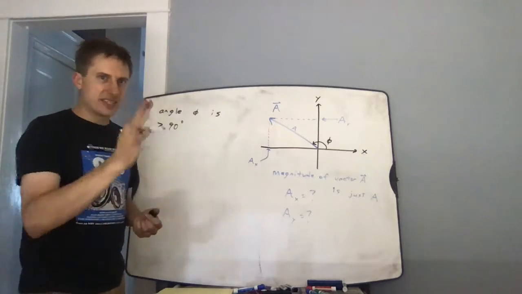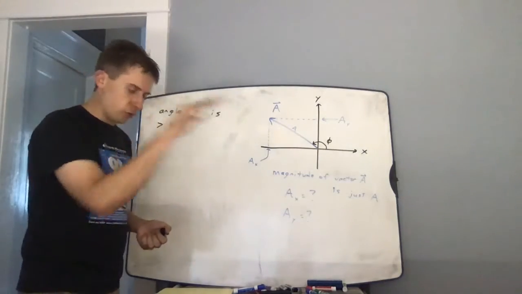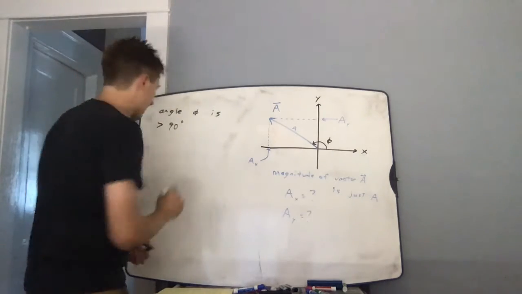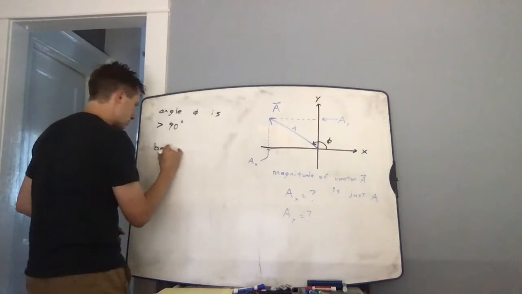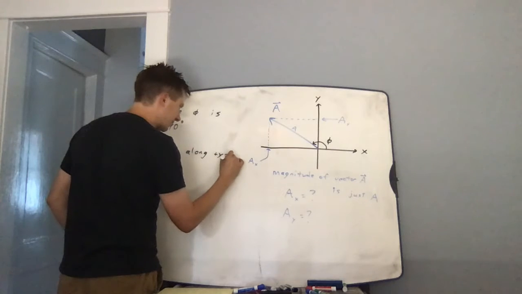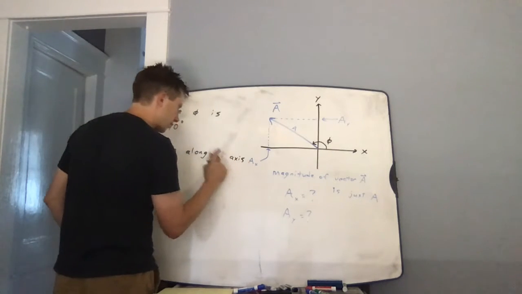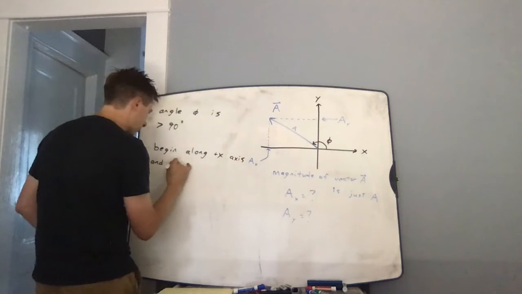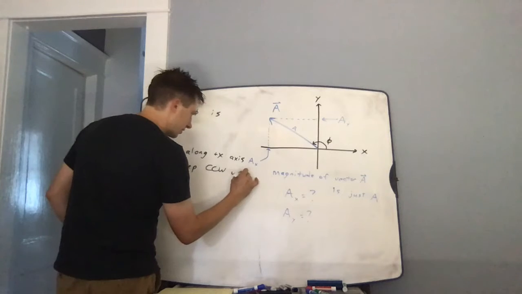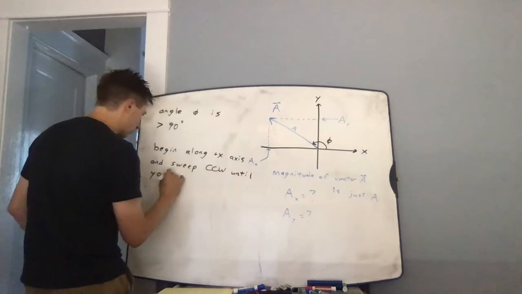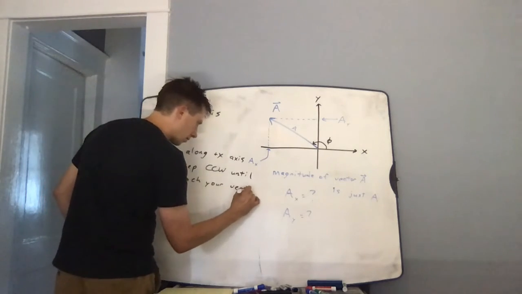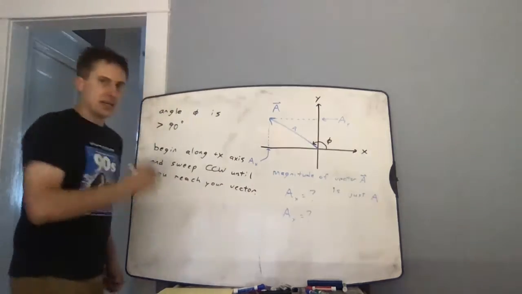And angle phi, we said, we begin along the positive x-axis and then we sweep counterclockwise until we hit vector A. This is important.